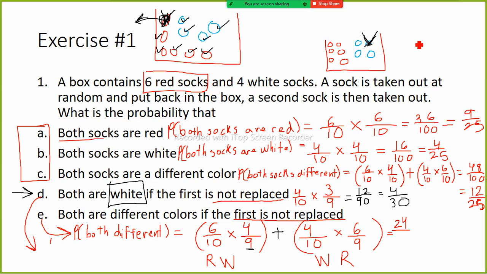look, if we look at our box, this is 1, 2, 3, 4, 5, 6, and if we look at our white, it's going to be 1, 2, 3, and 4. So Albanique, how many white socks do we have inside this box? 4. Good. So it's going to be 4/10 for the first white sock.